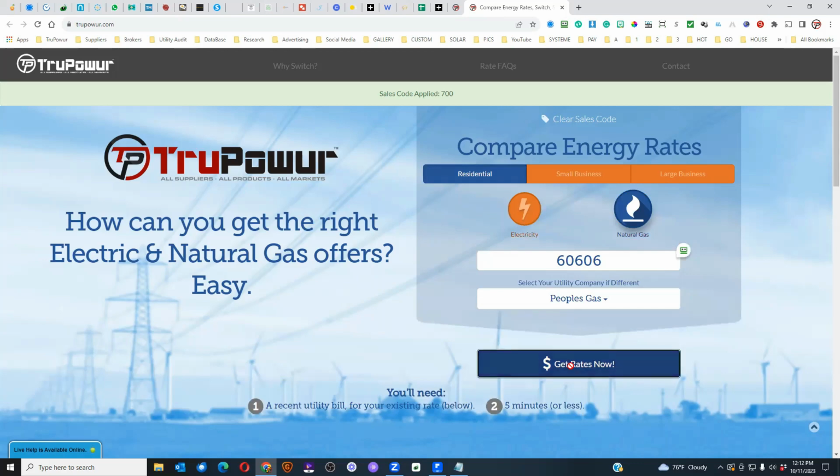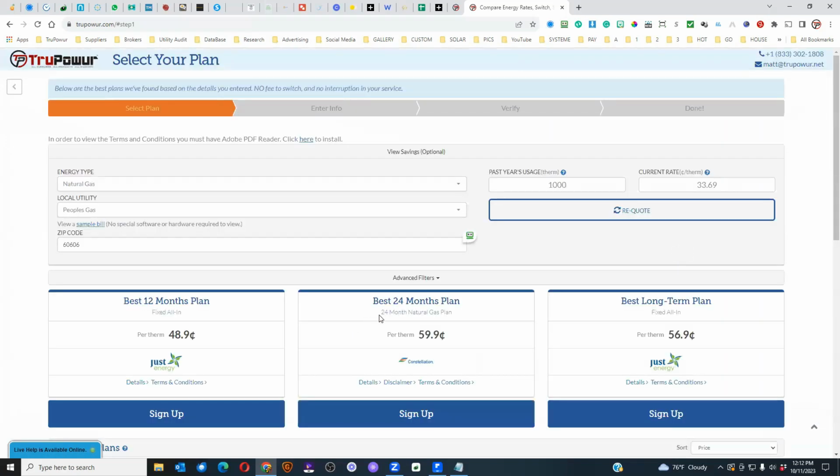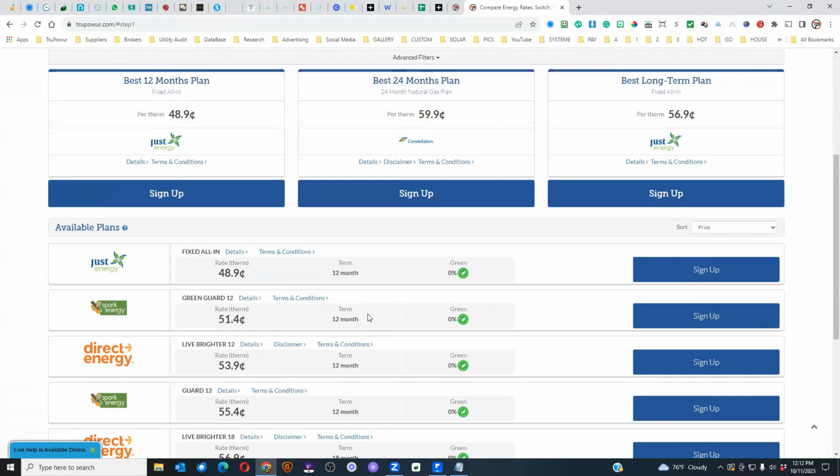So when you click Get Rates, it is going to bring up the rate sheet, which is the Matrix pricing. And you can see that there is the rates and terms and a sign up button.